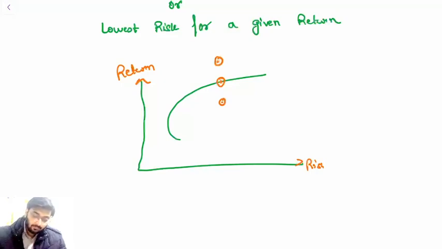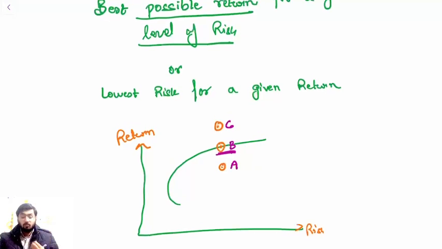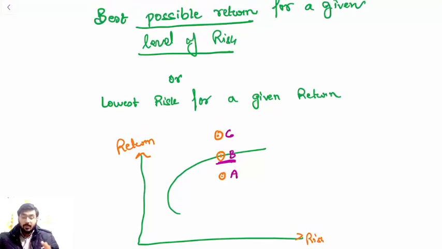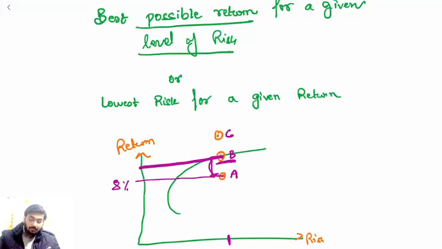Now point A, point B, point C. Now what I am trying to say is that point B is the most efficient portfolio because you cannot get this return at the same level of risk, because these two portfolios are available, A and B. Let us presume that both portfolios are possible. Now A will give you a return of 8%, B will give you a return of 10% at the same level of standard deviation of say 12%.